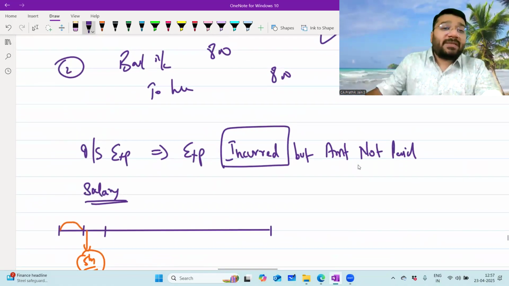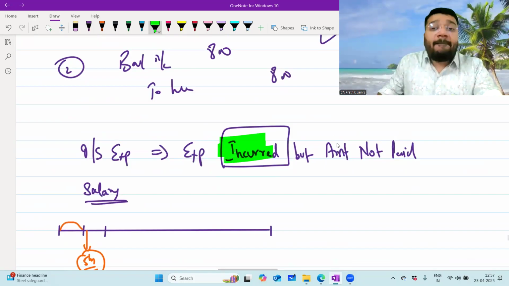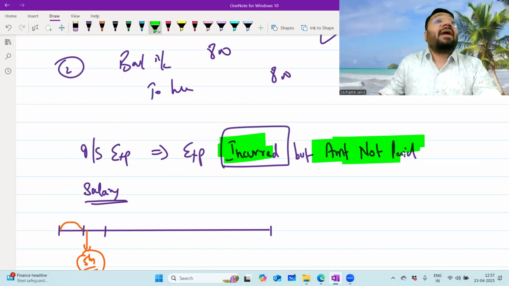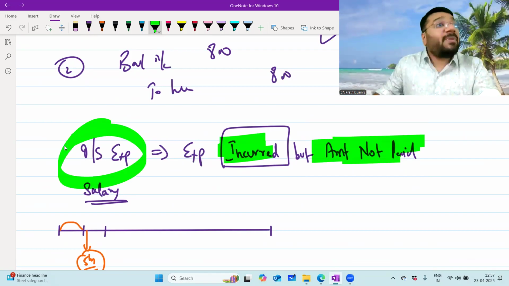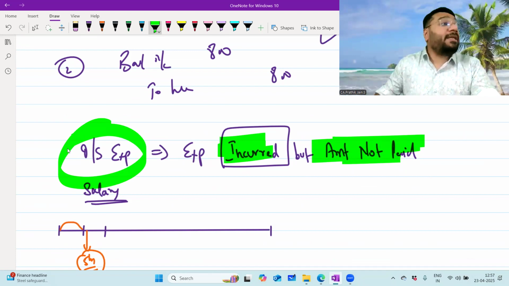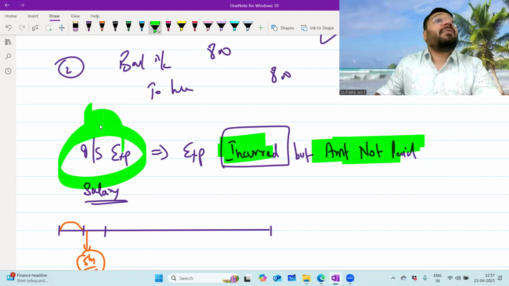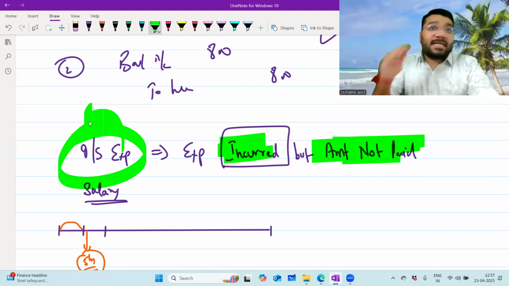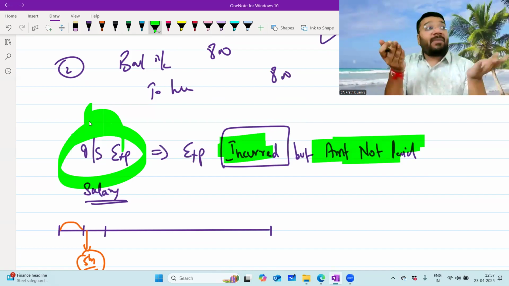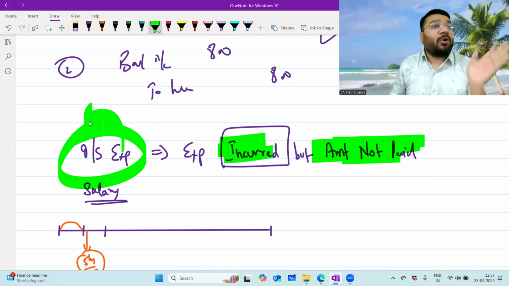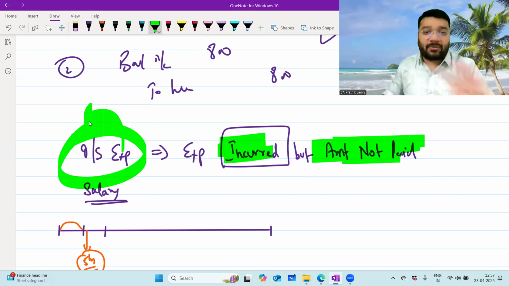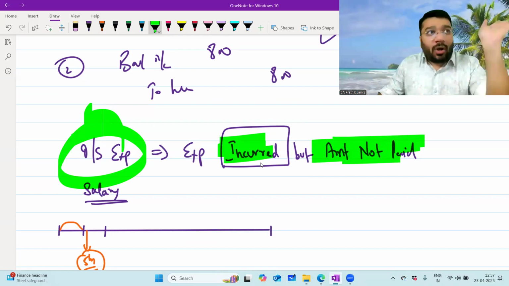Expense incurred, but money not paid. When will I pay it? In future. Anything that I pay in future is a liability. So all outstanding expenses can be considered as liability in nature. Outstanding means yet to pay. So outstanding expenses means yet-to-pay expenditure. Expenses incurred, amount not paid.